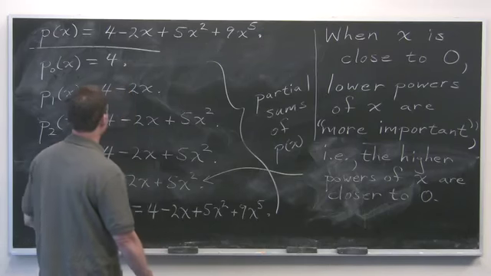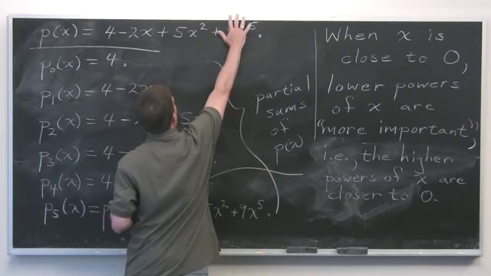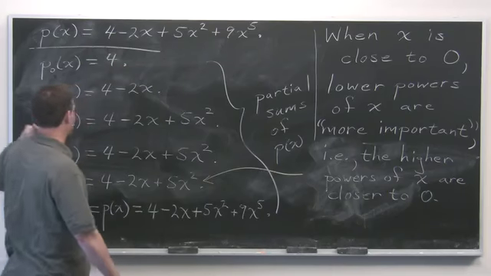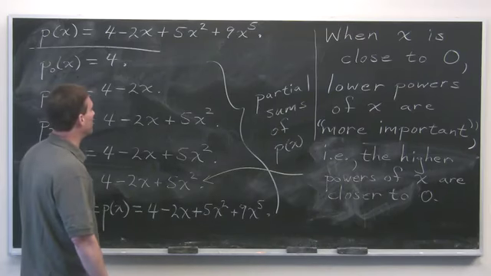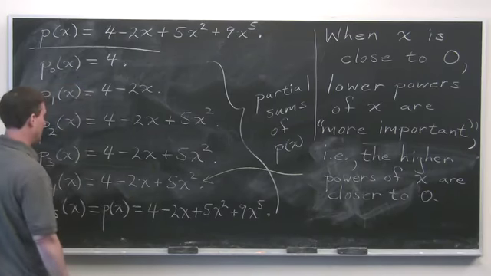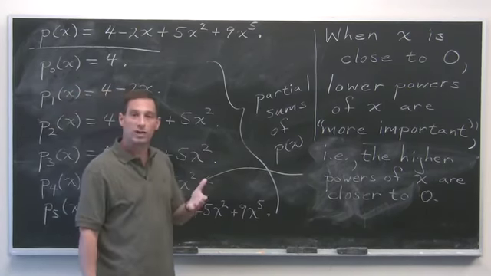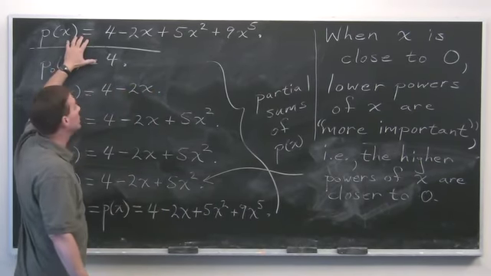It's an ill-defined term, but for instance, if x is close to 0 and we leave off the 9x to the fifth, so take the second, third, or fourth order partial sum, we should get a good approximation to the entire p of x.